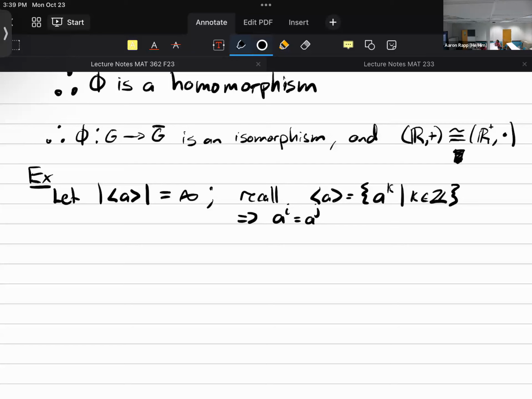So that means if I ever say A to the I is equal to A to the J, so I take A and raise it to two potentially different numbers, however, those can only be equal only when those exponents are the same.